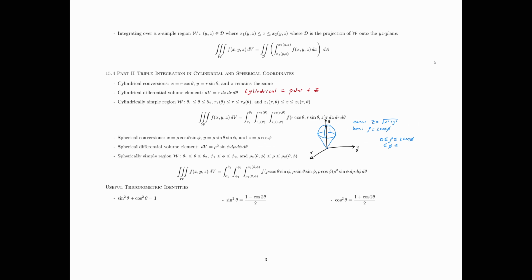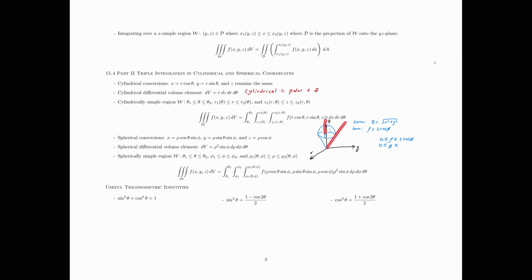So the question here is, what's our range for phi? Well, does our region touch the z-axis? Sure does. It's right in the middle. So we know phi starts off at 0. But if we imagine increasing this angle gradually, at what point do we stop? Well, right there.